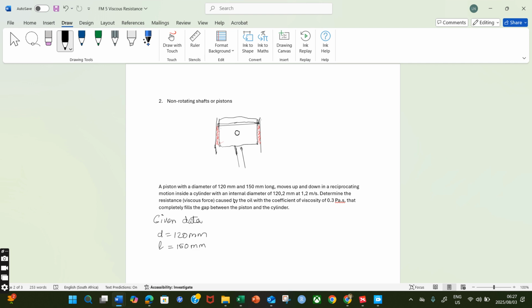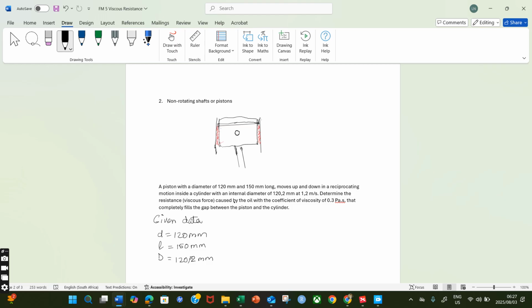This moves up and down in a reciprocating motion inside the cylinder. The internal diameter of the cylinder is 120.2 millimeters.